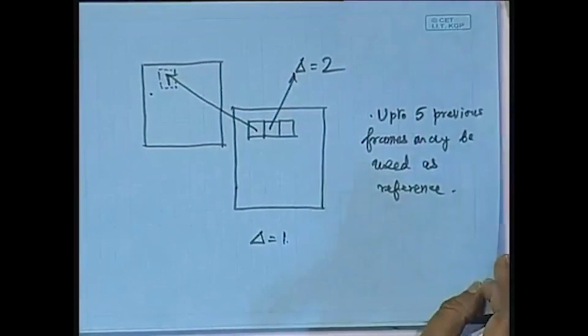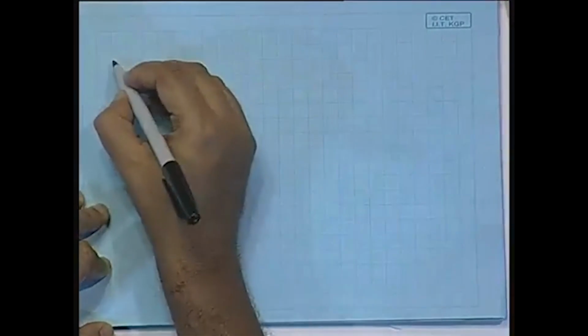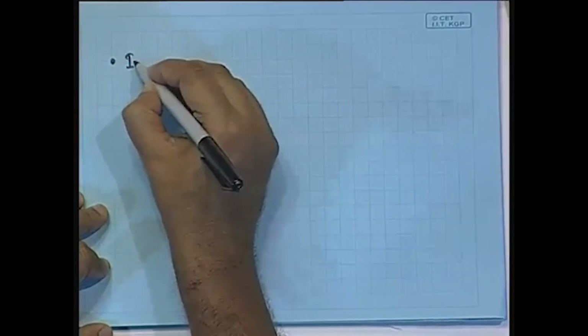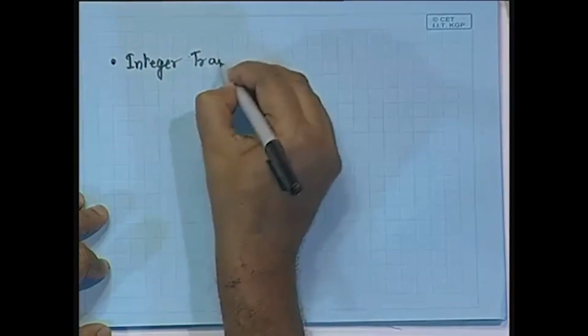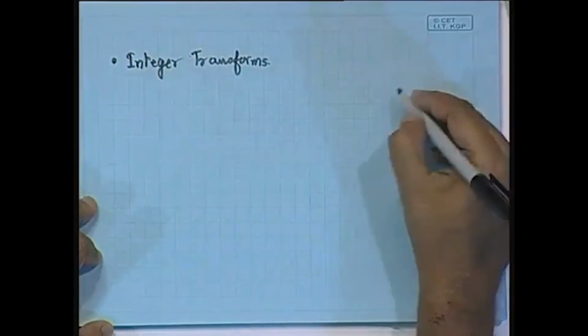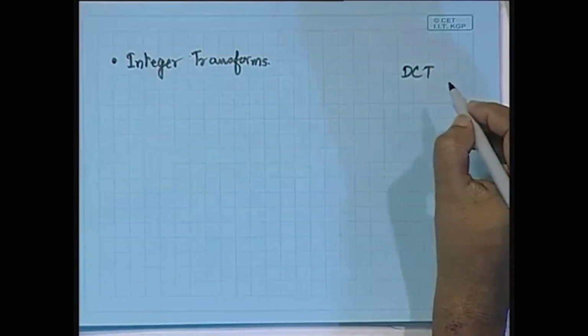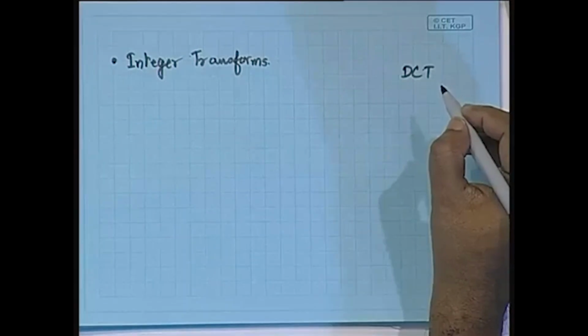Okay. Then another point where it has gained is the transform. The transform is actually an integer transform. Now, in all the previous standards, they have used the DCT. As you know, all the DCT kernel values are basically cosine values.